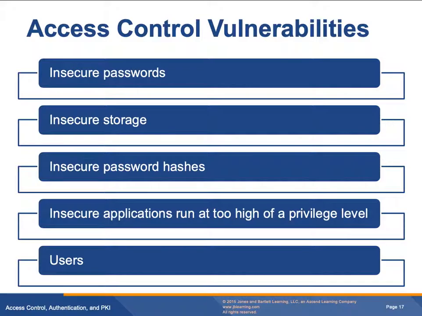Insecure storage, something that perhaps doesn't have an encryption key, or is just data being dumped out to, let's say, a Dropbox account, so that data that may be important is in an insecure Dropbox.